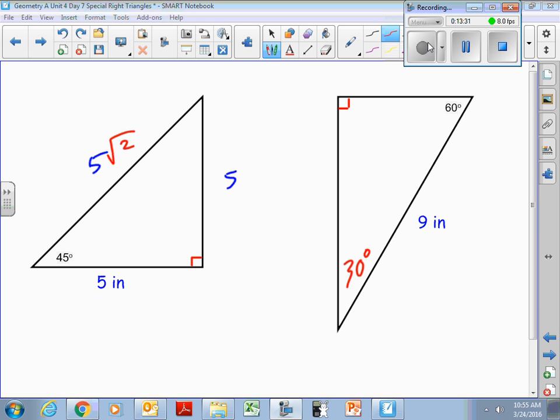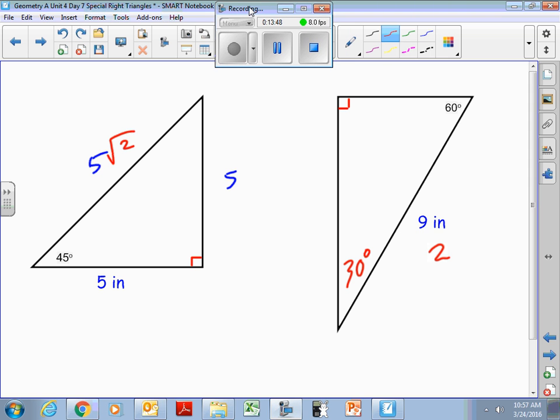I can't do a radical 3, but it is going to be a number. Your hint is going to be on the last problem. We had a 2 over here. And then the small side was something. You told me that it was going to be a decimal. Oh, yeah. 4.5. That's what I mean by decimal.